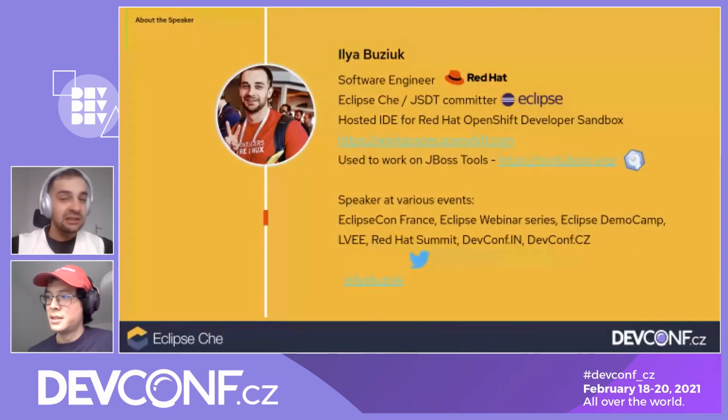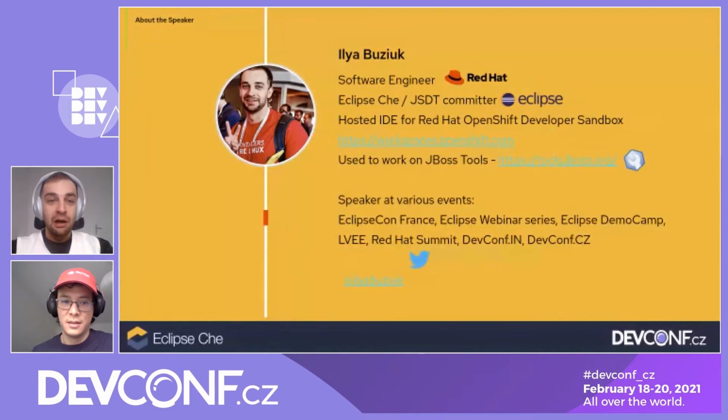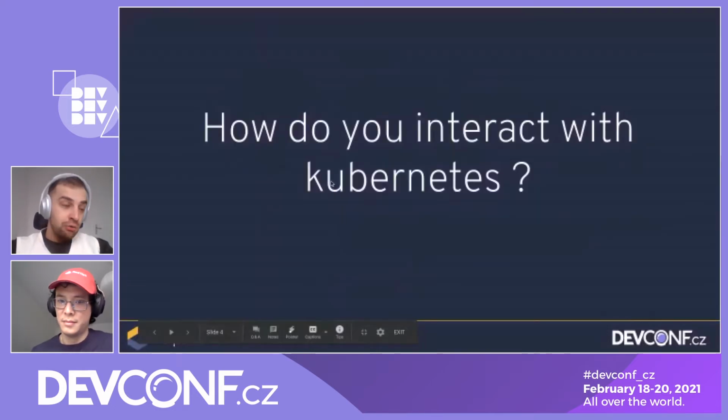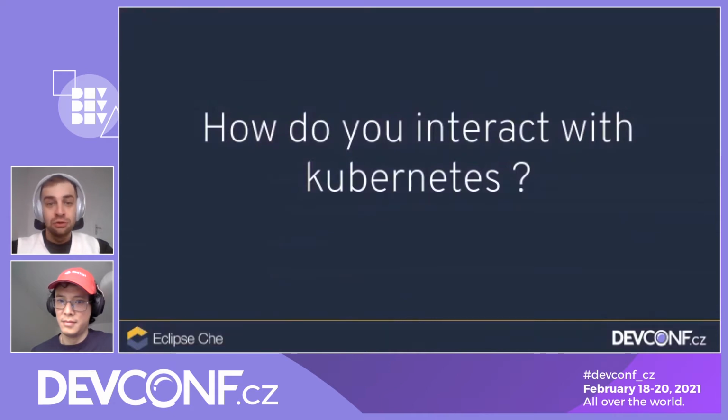Before we start, I actually have a question for you. How do you interact with Kubernetes? You might be a CLI fan and use kubectl or oc to interact with your clusters, or maybe you are a GUI fan and you use the WebUI or OpenShift Web Console to interact with pods and follow up on the deployments and deployment configs.